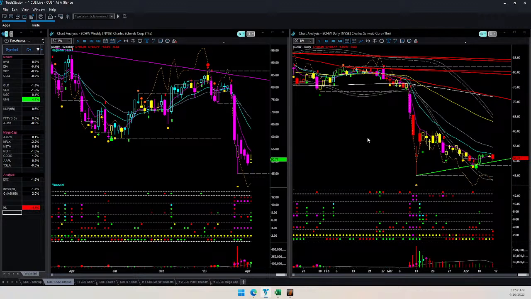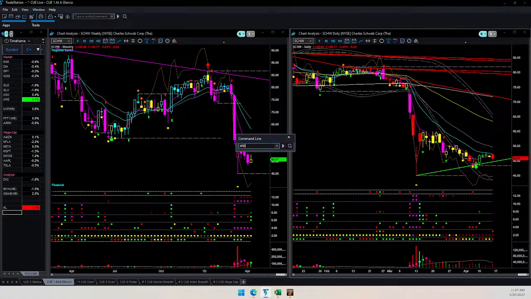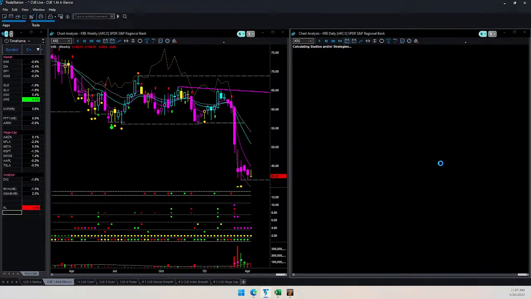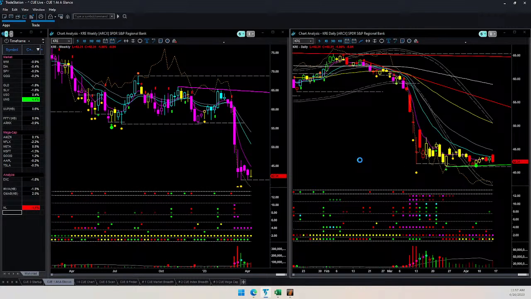But let's look at also the KRE, regional banks ETF. Similar pattern, dropped heavily, displayed a bullish headwind signal, no trade setup, but on Friday it reversed sharply. Again, if this trend line support is broken, that will be worrisome.